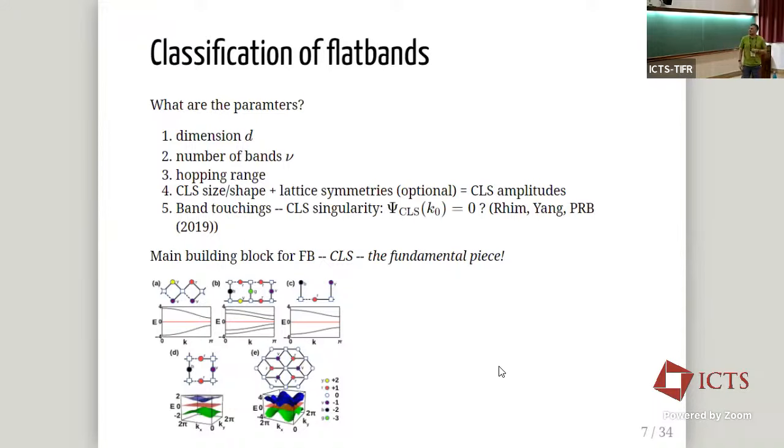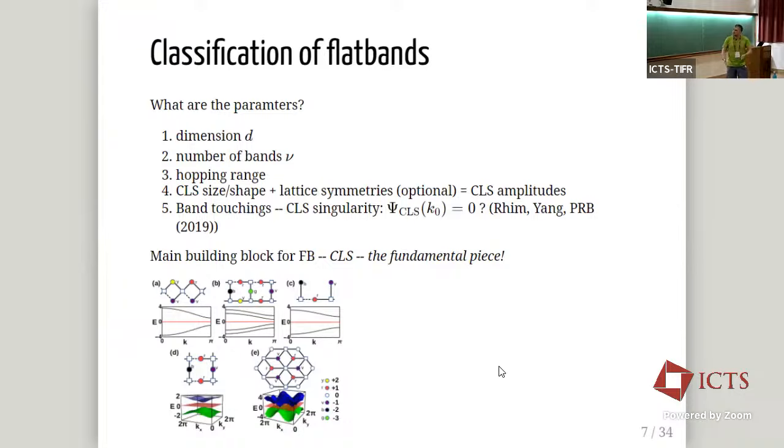And it amounted basically to understanding what are the relevant parameters for the systematic construction. It turned out to be the dimension of the lattice you're interested in, the number of bands you want to consider, the hopping range, which is always finite, but you can consider nearest neighbor or second nearest neighbor, or you can go further. The CLS size, if you remember the compact localized state, turns out to be the crucial building block in this construction.